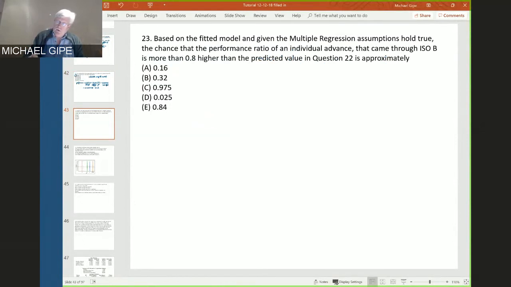So we're talking about a probability that ISO came through B is more than 0.8 higher than the predicted value in question 22. Remember, we predicted 0.909778.